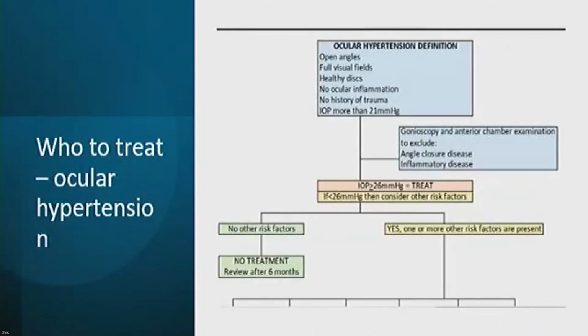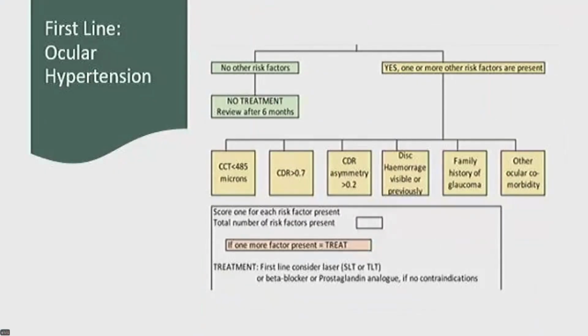A lot of these charts are from Nigerian glaucoma guidelines that state exactly what you should do with the different categories of glaucoma. So this is for the ocular hypertension patients. For the Nigerian guideline, if somebody has a pressure of 26 millimeters of mercury and above, you should treat them. And what should you treat them with? If you have a laser, it's great.